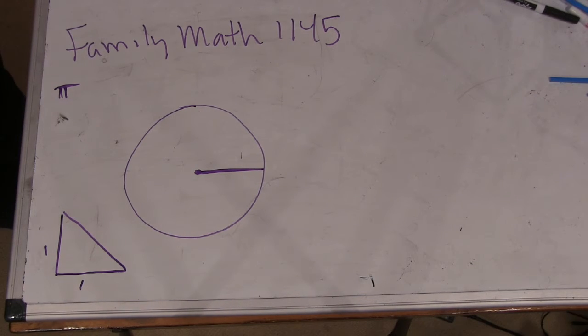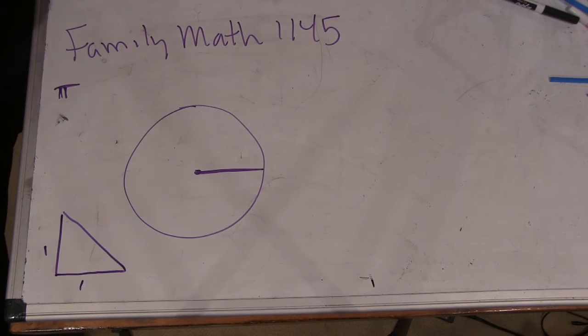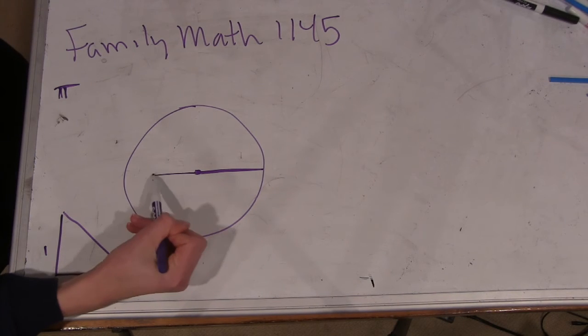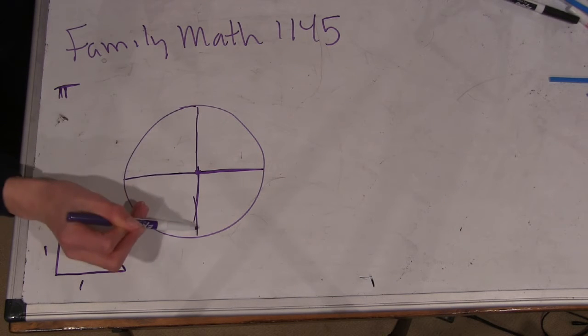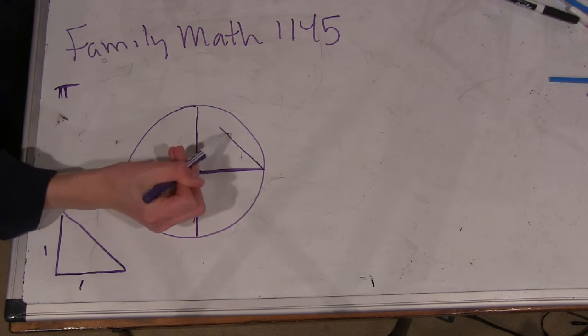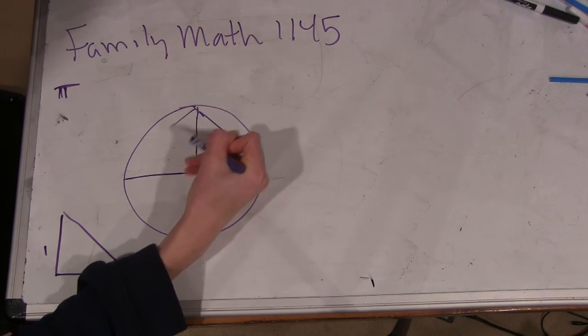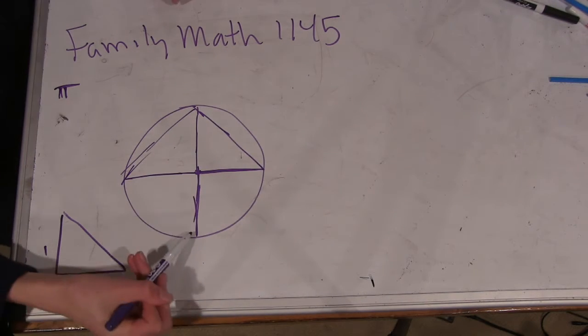So how they tried to approximate it was, first you draw in some right triangles. Draw in 4 right triangles, you sort of make this square on the inside.